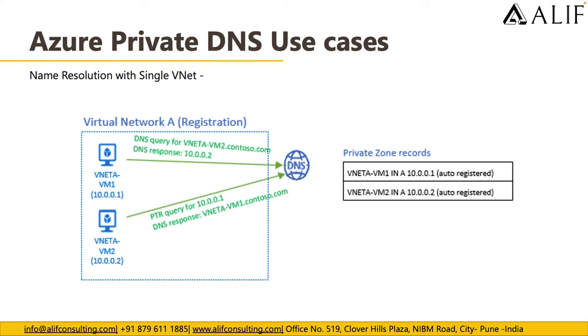Whenever a new VM gets created, it will be registered in the DNS, and it will create a DNS record with the VM name dot the domain name which you have defined on the DNS. With that, it will automatically take advantage of Azure DNS for name resolution.